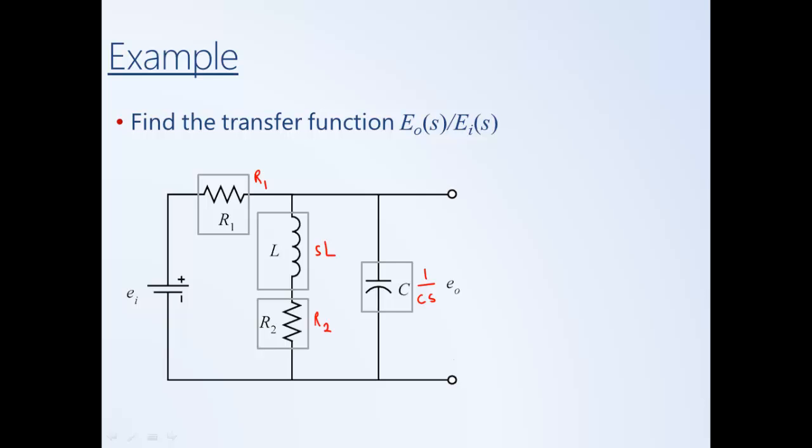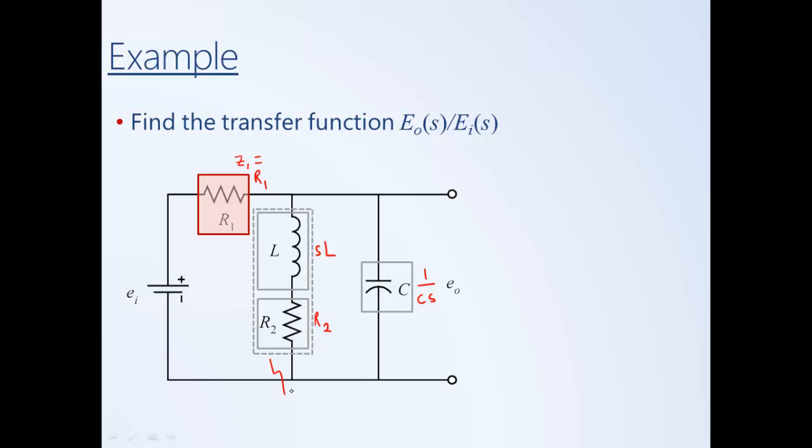We then want to simplify this, and we can use the properties of how to find the equivalence of components in series and in parallel. We'll go ahead and define this resistor to have impedance Z1. These two components, the inductor and the resistor R2, are in series.